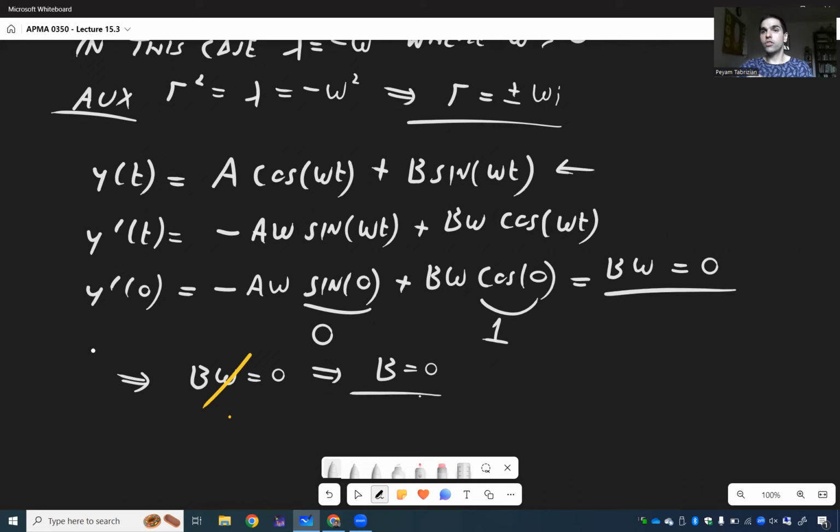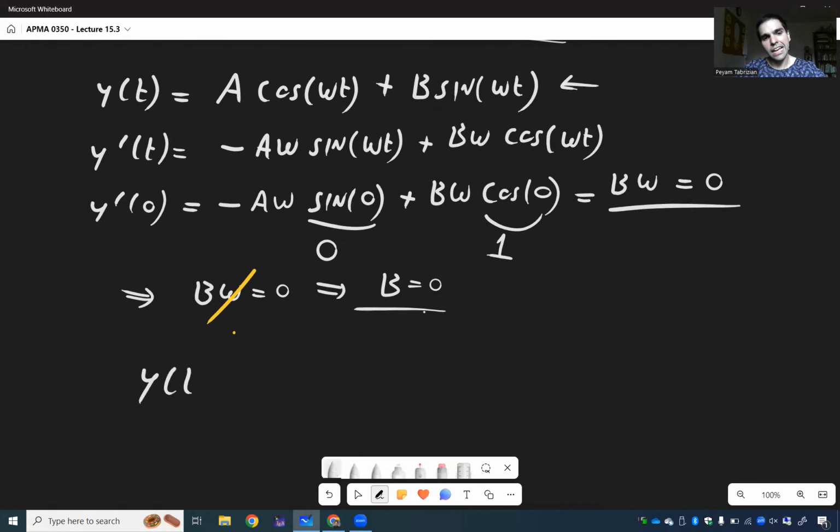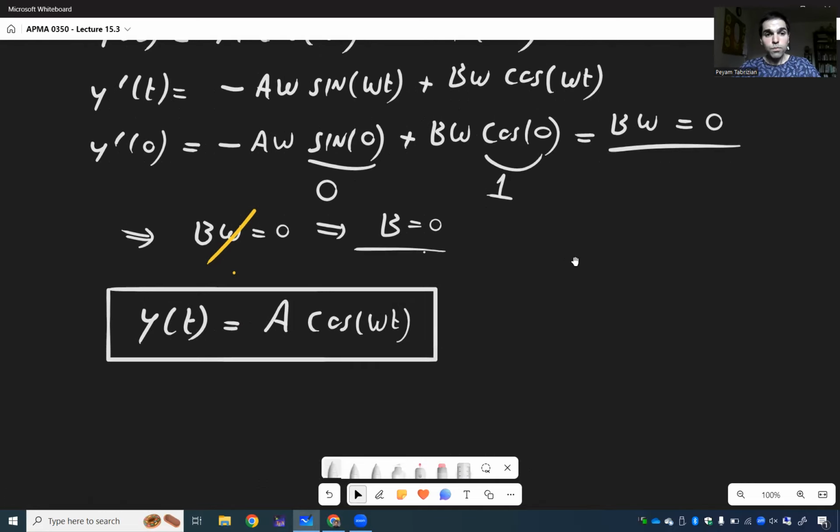And let's go back to our function y, which is a cosine plus b sine. Since b is 0, we then end up getting y is a multiple of cosine of omega t, which again I will box because this will be useful in a second. Okay, and now we need to figure out when y prime of 1 is 0. Now, remember, we have a formula for y prime of t, but with b equals 0.